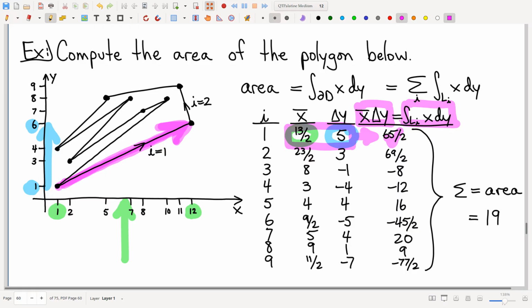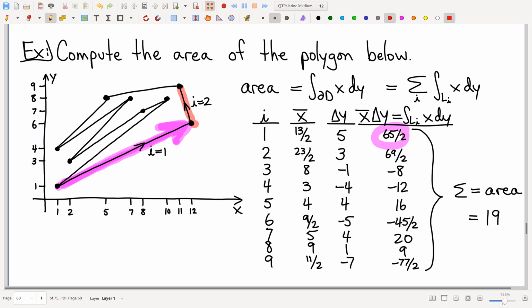Is everybody on board? Everybody see how that was easy for that one edge? And just keep going. All right, and let's clean up the mess here. But for that first edge, we got this. And then for the second edge, we would get that. And then for the third edge, we get that. And you just keep going around. There's only 9 edges.